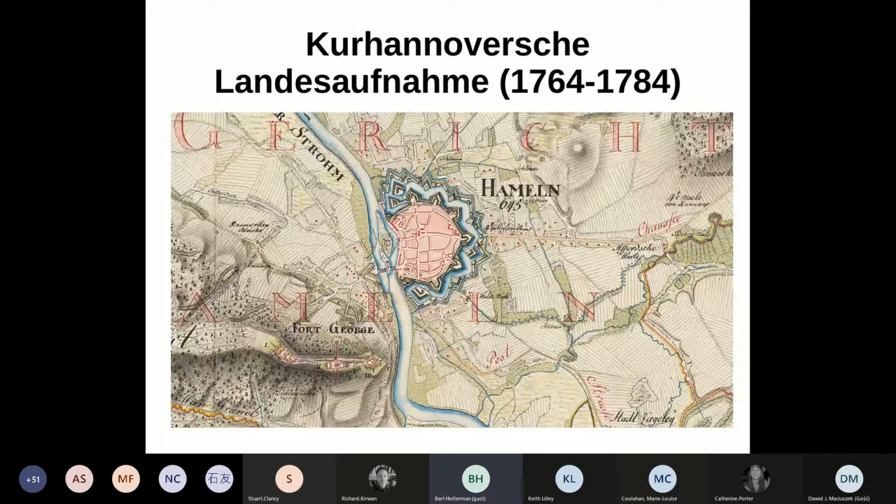And here we get to the problem that if we want to reconstruct the street network in considerable detail, we do not have contemporary sources that tell us enough to do that. So we have to use other sources to reconstruct these roads.